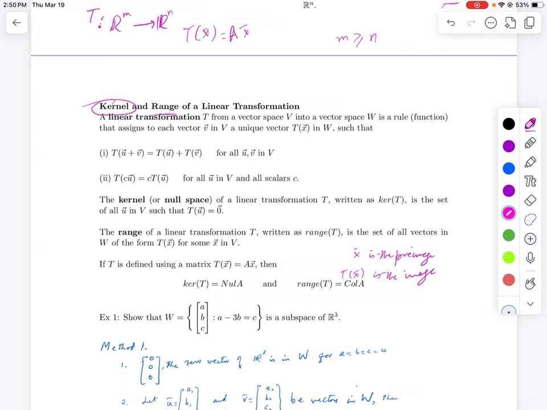So if my transformation is named T, and I have an x here, then this x is going to be mapped onto a T of x. This is the pre-image and that is the image.